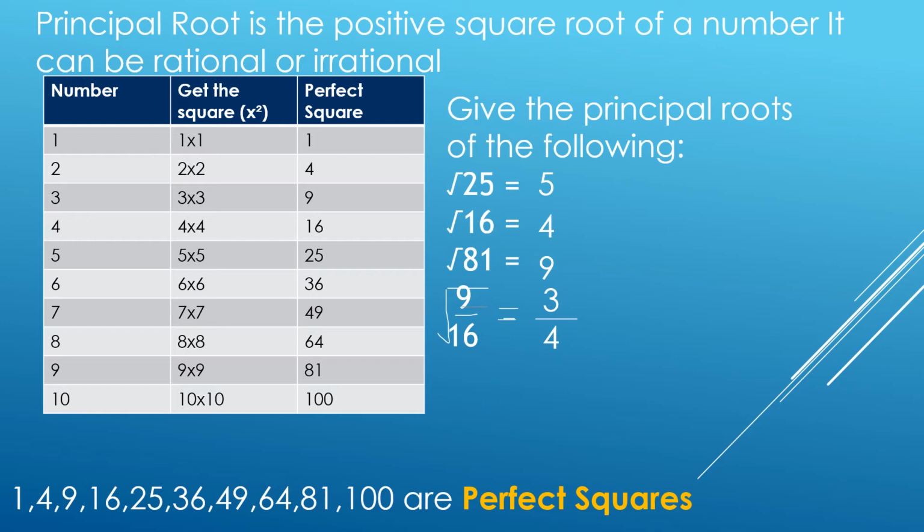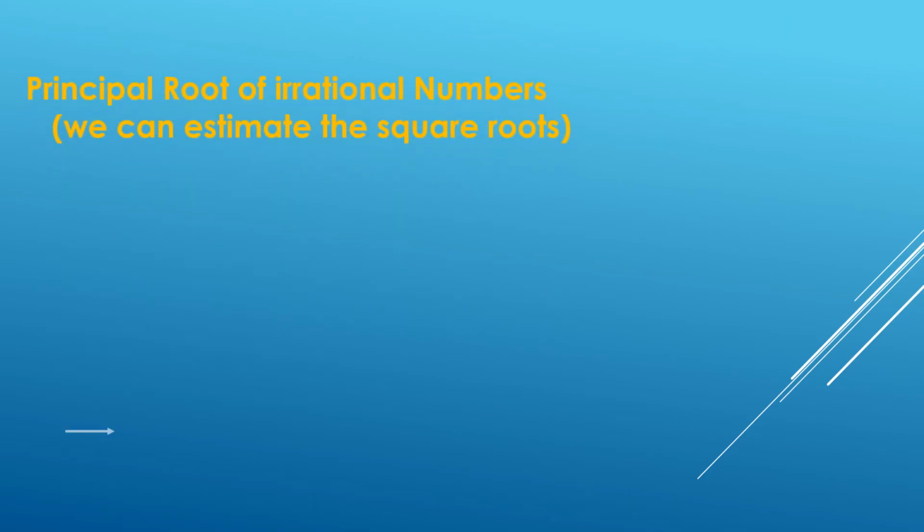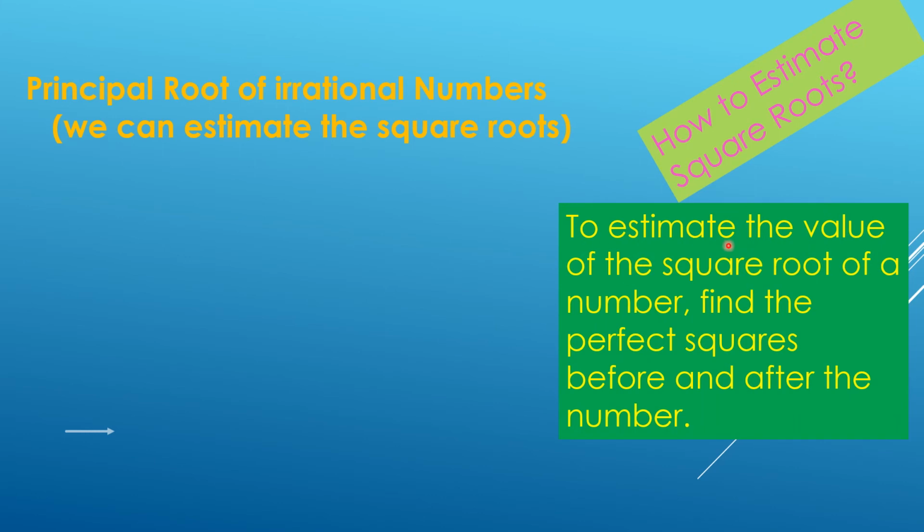Now, what about how we're going to get the principal root of irrational numbers? Now, in irrational numbers, we can only estimate the square roots. So how to estimate the square root of an irrational number is to find the perfect squares before and after the number.